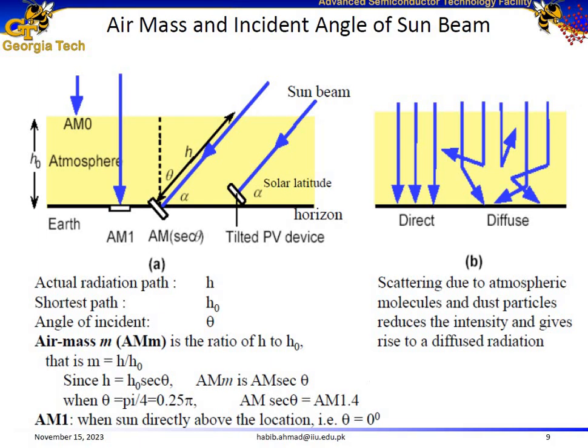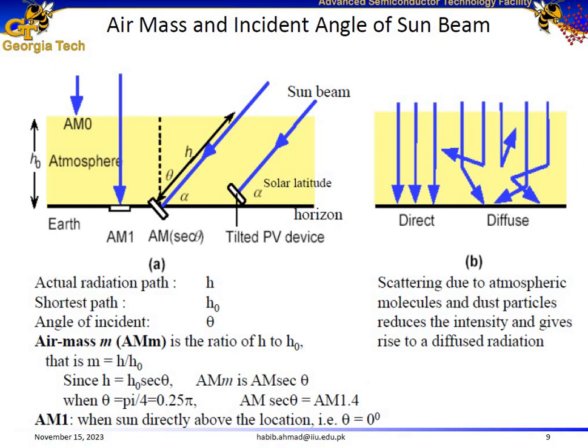Another test condition is that the intensity should be 1 kilowatt per meter square or 100 milliwatts per centimeter square. The third test condition is it should be tested at AM 1.5. AM 1.5 means a solar zenith angle of 48.2 degrees.